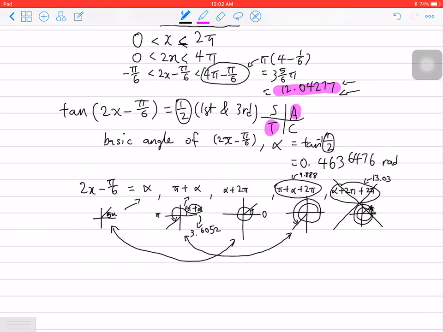So if I do the long step, if you can understand, you can skip the step. So I have 2x. Here each of the terms will be pi over 6 plus alpha, 7 pi over 6 plus alpha, and we have alpha plus 2 1 over 6 pi, and we have 3 1 over 6 pi plus alpha.